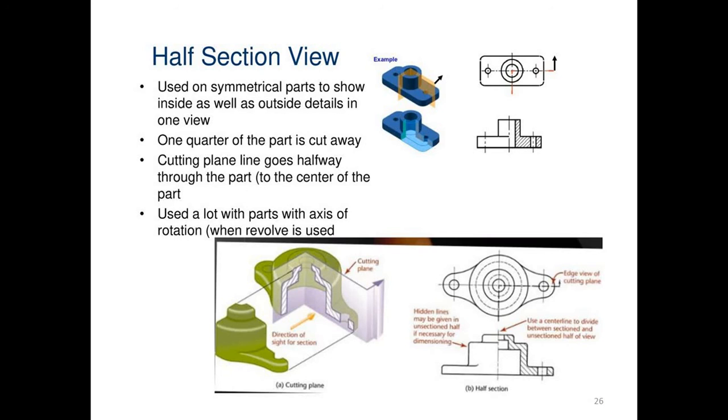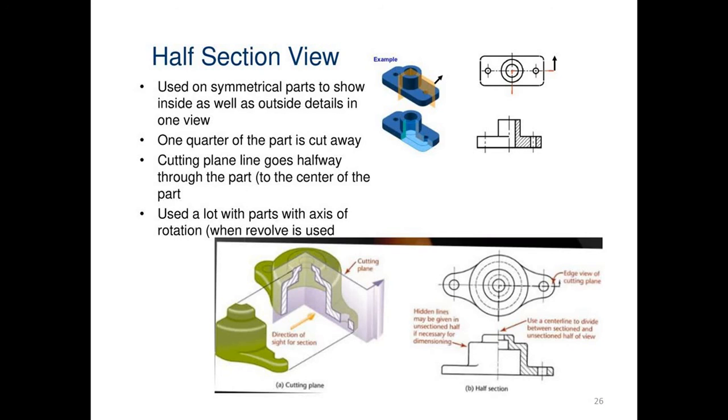It is used a lot with parts with an axis of rotation, when revolve is used. Considering example number 1, there are two planes at a right angle, 90 degrees. When it is cut, the section view is drawn.